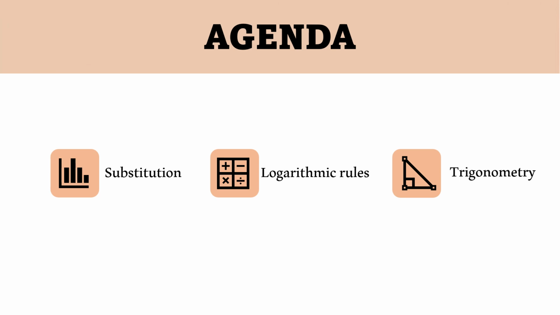If there's a value, then that's the limit. And if there's no value of the limit, we are going to use the logarithmic function rules. If the result is still indeterminate, then we are going to use trigonometry functions to get the value of the indeterminate form of 0 raised to 0.